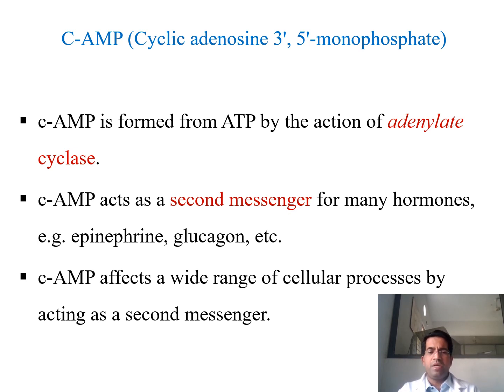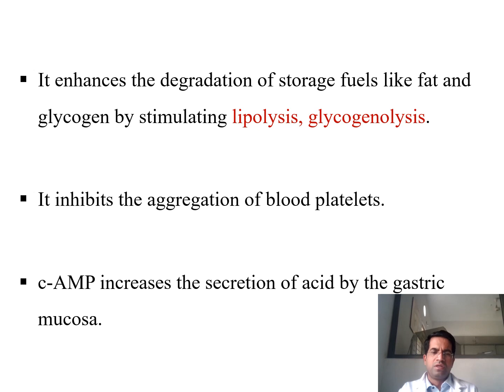Whatever functions need to be done inside the cell are done by cyclic AMP, which is a second messenger. It enhances the degradation of storage fuels like fat and glycogen by stimulating lipolysis and glycogenolysis.